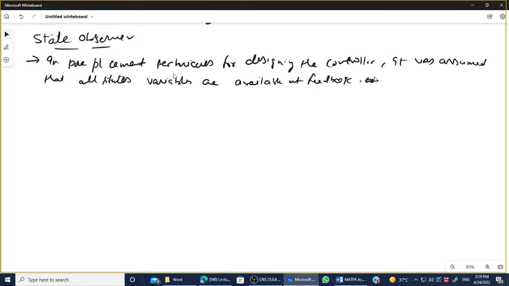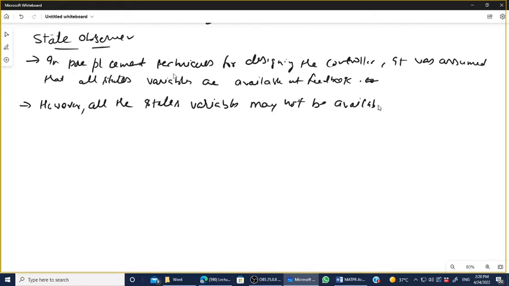So what happens in the practical problem? In the real-time problem, however, all the state variables may not be available for feedback. Why?